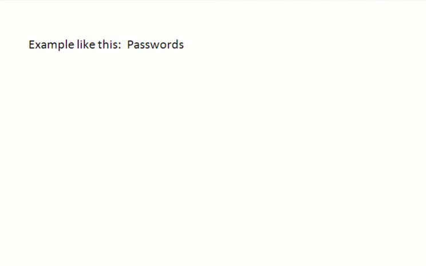Letters and numbers, maybe even capital letters being different from lowercase letters, and even throwing in special characters like asterisks and underscores and question marks and dashes and exclamation points, right?